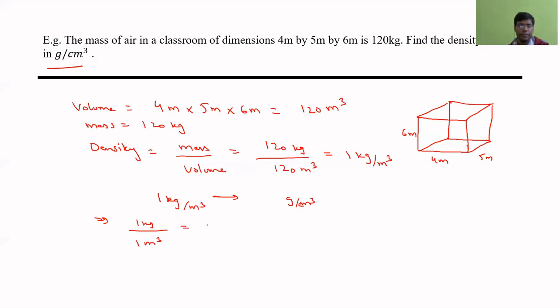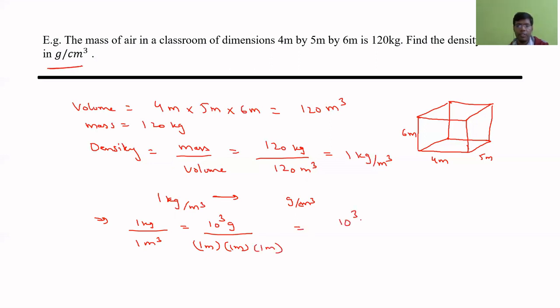So this will be 10 power 3 grams, because I have kilo as the prefix. So I can write it as 10 power 3 grams by meter cube. If I have to convert to centimeters, first let me write it as 1 meter multiplied with 1 meter multiplied with 1 meter.